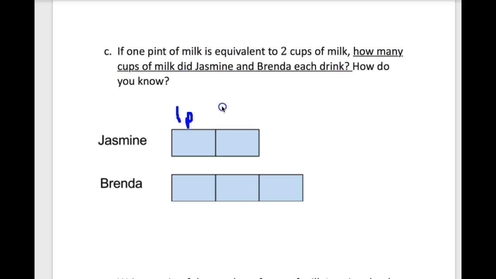And I know that this one represents 1 pint. I know that because it's the same thing, this one also represents 1 pint. And this one represents 1 pint. It told me that Jasmine drank 2 pints to Brenda's 3 pints.